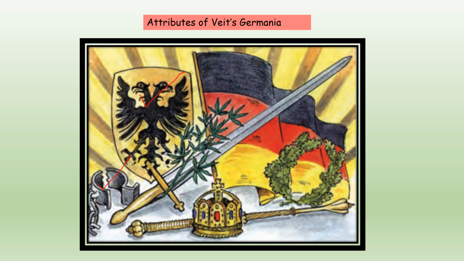This talks about the symbol of the German Empire or the strength of the German Empire. Now let's go to the crown made of oak leaves. This talks about heroism. Let's take the sword now. This talks about the readiness to fight. And now let's look into the olive leaves that are found on the sword. That talks about the willingness to make peace.